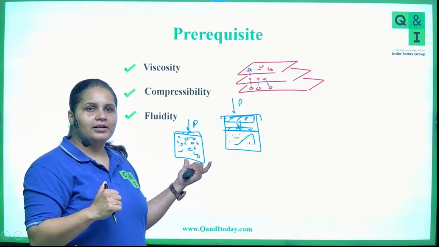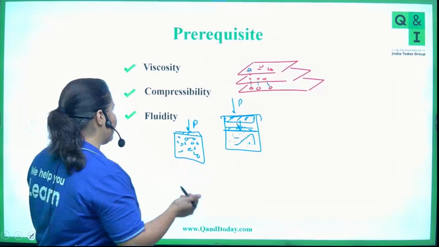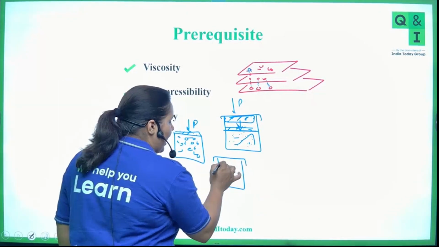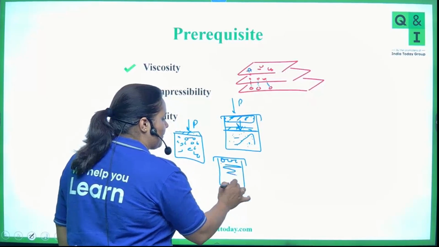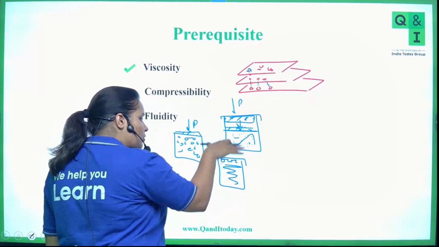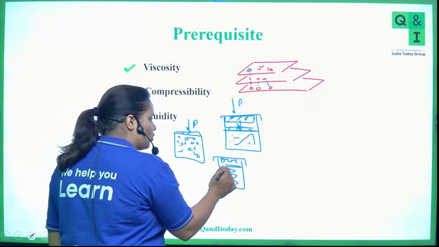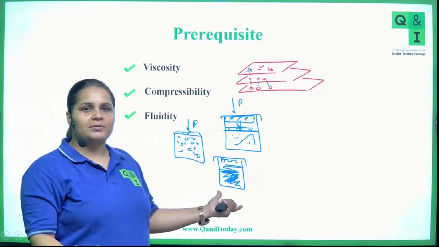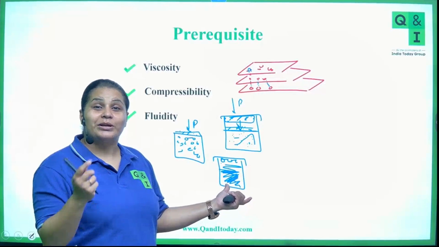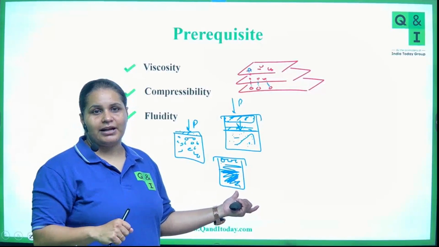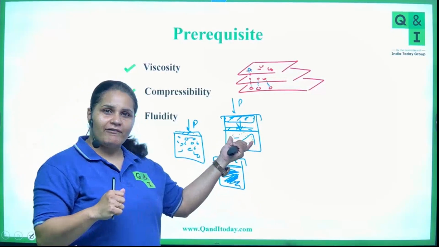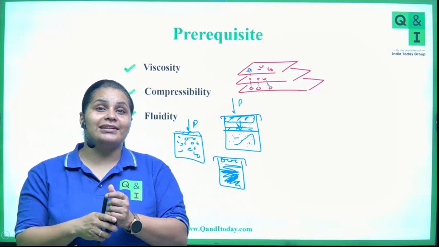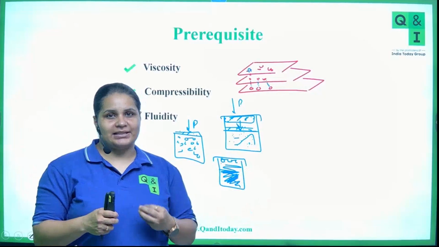No, definitely. Suppose you have a container at home filled with sugar up to the mouth, and you try to push the sugar down so that it can be accommodated in less volume. Is it possible? No, it won't be possible. So it means it is incompressible, right? But if I have a gas, I can accommodate it in a lesser volume. So it means that gas has compressibility.